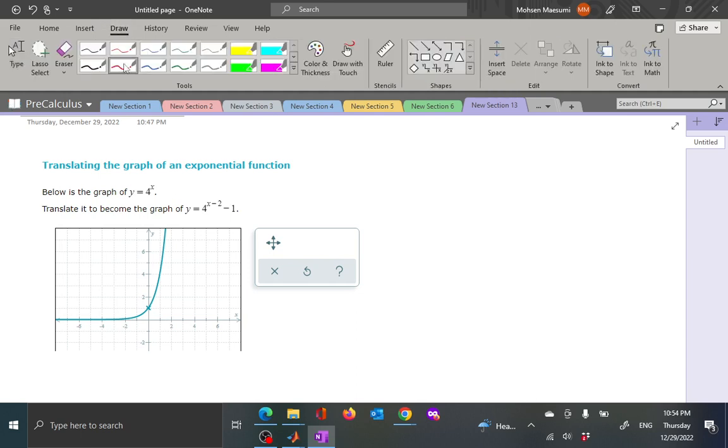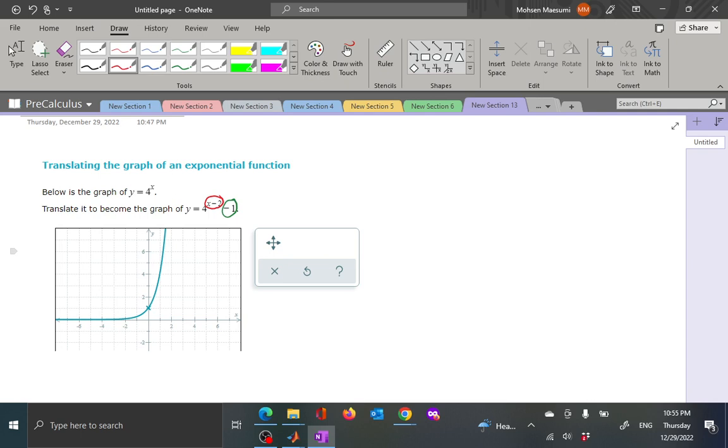So the important numbers here, of course, is this minus 2 that you see here, and of course this minus 1. What roles do they play? We have gone through the issue of translation of function a few lectures back. If you remember that, when you replace x by something like x minus 2, the graph of the function is going to move in which direction?